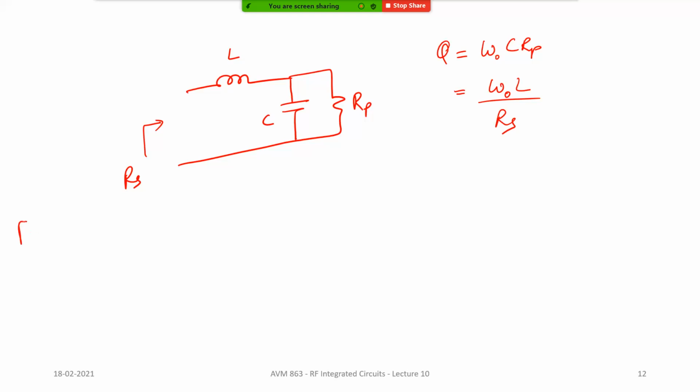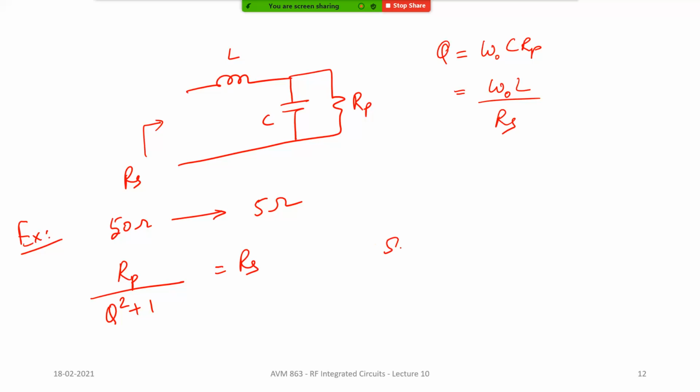RP divided by Q squared plus 1 is equal to RS. So 50 by Q squared plus 1 is 5, which means Q squared is 10 minus 1, 9, so Q is equal to 3. Correct. This is the impedance transformation ratio.